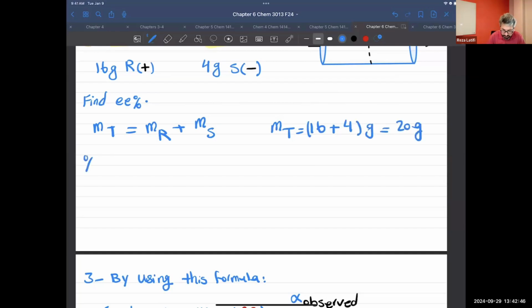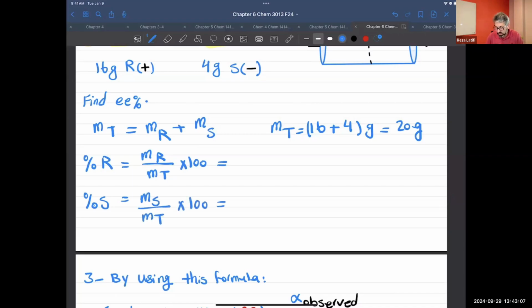Now, let's calculate the percentage of R and S enantiomers. That's going to be the mass of R divided by the total mass multiplied by 100. Repeat this for S: mass of S divided by the total mass multiplied by 100. So I have 16 for R divided by 20 multiplied by 100. The unit is gram by gram, so they will cancel each other.